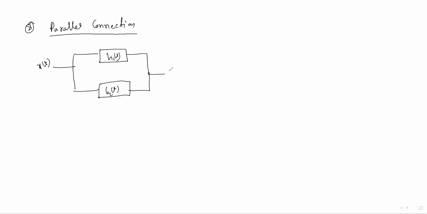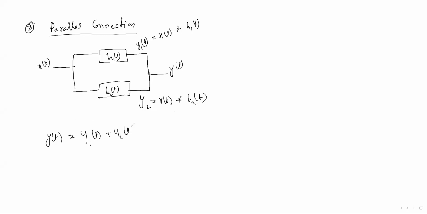If the connection is like this, then y1(t) is the convolution x(t) convolve h1(t). The output of the other LTI system is y2(t), which is x(t) convolve h2(t). Then y(t) is the summation of these two: y1(t) plus y2(t).